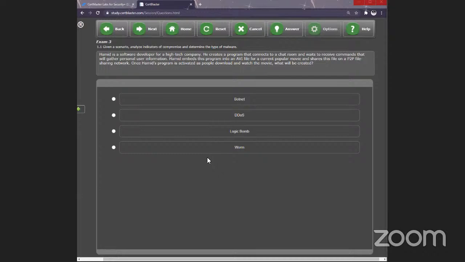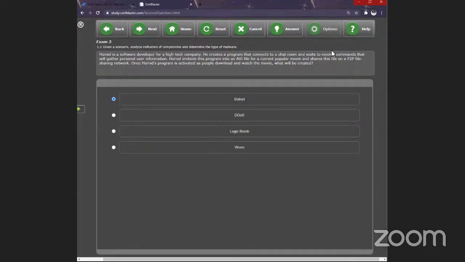Distributed denial of service, that would be the process after they download it, because then I'm waiting for you to download it. Now I have a botnet. Now I got control of your computer, and then I can do a DDoS.